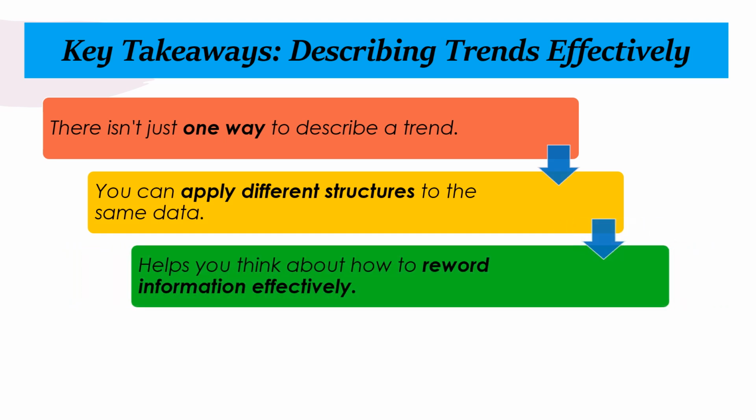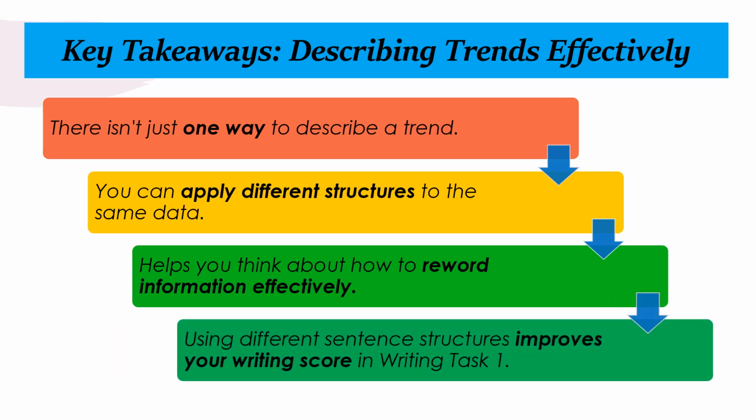The information you have learned here can help you think about how to reword information effectively. By using different sentence structures and a good range of vocabulary, your writing will be clearer, more flexible, and more effective. And it can also improve your IELTS Writing Task 1 score.